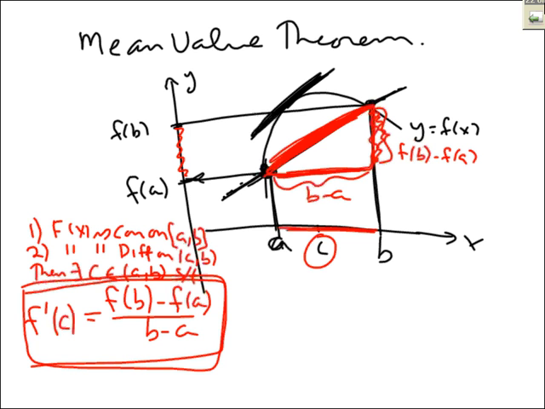Okay, that's all. That's the mean value theorem. So basically, if you think about it, you never even have to mention Rolle's theorem. Rolle's theorem is just a special case of the mean value theorem. What's special? Oh, f of a equals f of b.